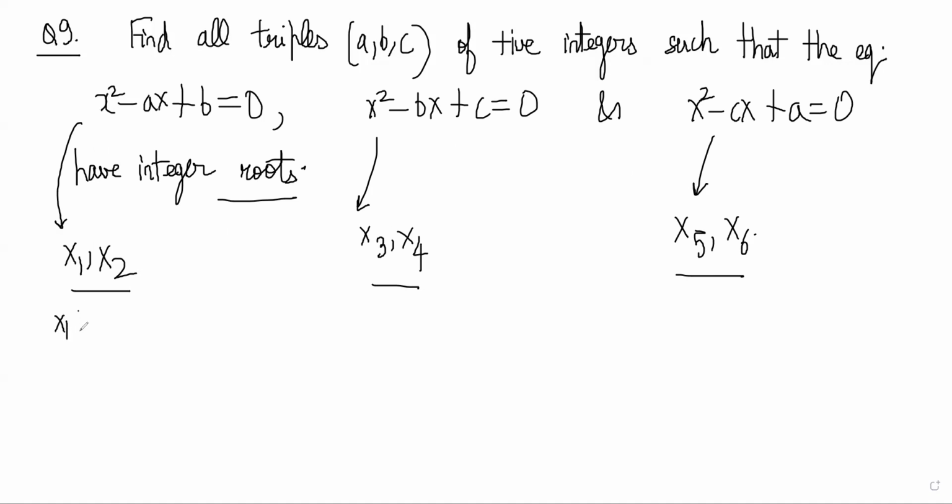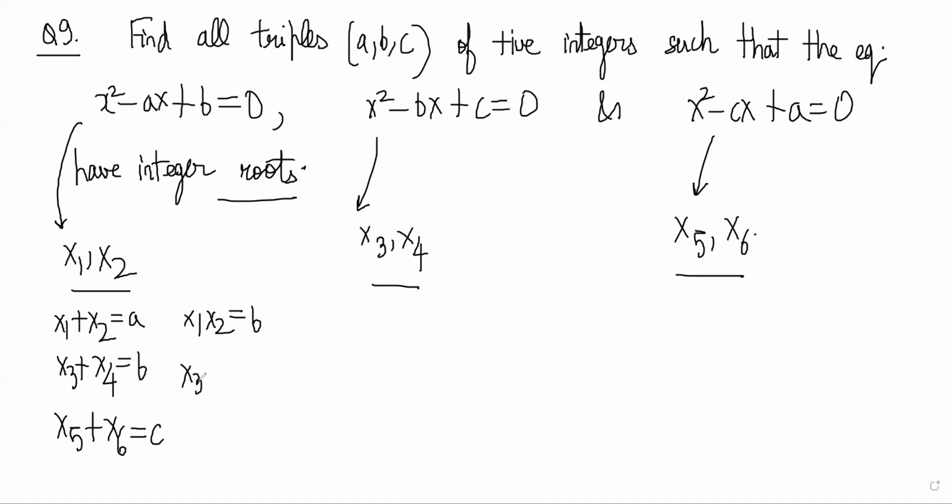We have these conditions: x1 plus x2 is a, x3 plus x4 is b, x5 plus x6 is c. You also have x1 x2 is b, and x3 x4 is c. We have x5 x6 is a, right?